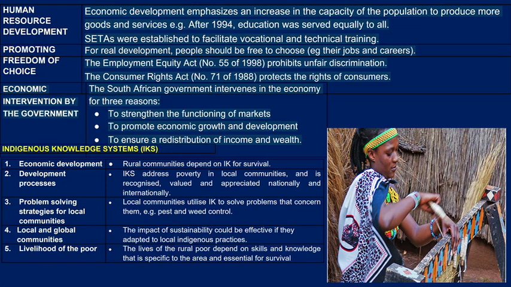Problem-solving strategies for local communities. Local communities utilize indigenous knowledge to solve problems that concern them, for example, pest and weed control. Local and global communities. The impact of sustainability could be effective if they adapted to local indigenous practices. Livelihood of the poor. The lives of the rural poor depend on skills and knowledge that is specific to the area and essential for survival.